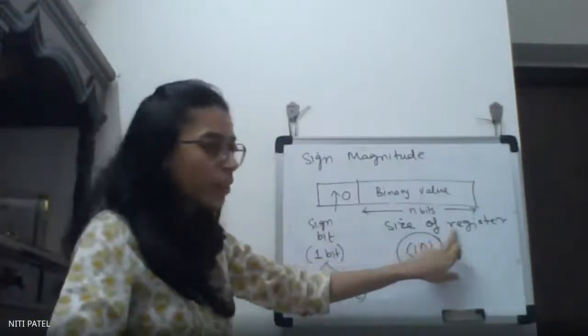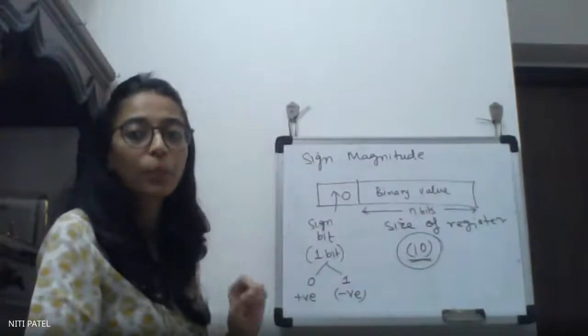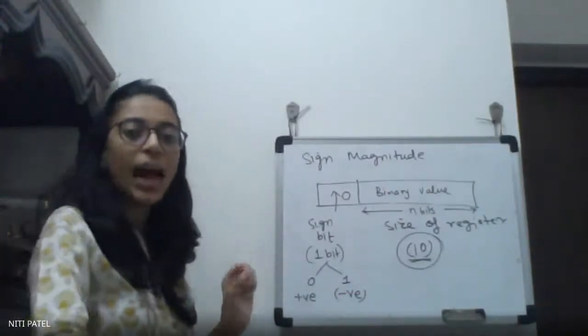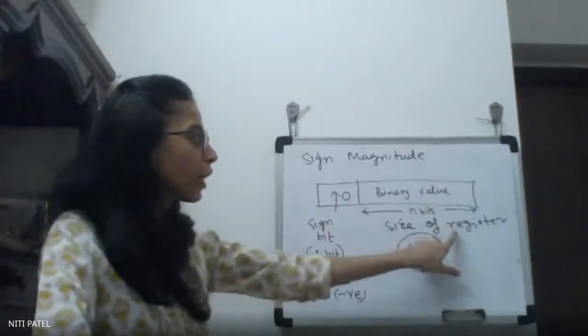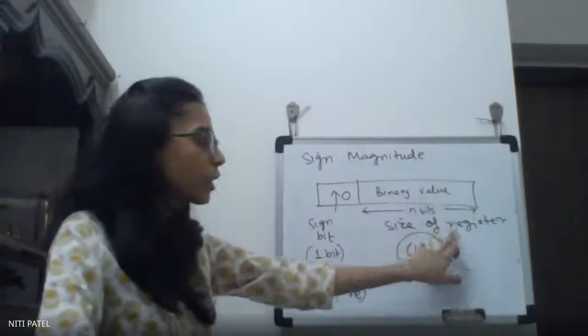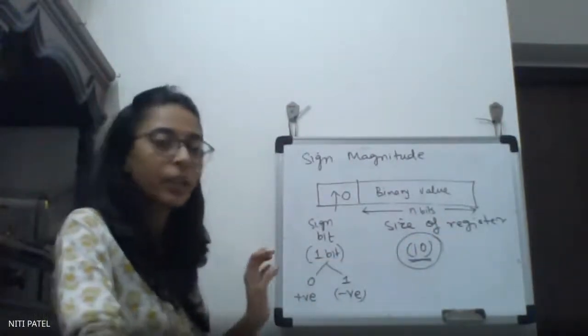Okay, so the size of the register keeps changing depending upon what type of computer or what type of CPU we are using. If it is an i3 processor, the size of the register will be different. If it is an i7 processor, the size of the register will be different. But it has to be a minimum of 8 bits.